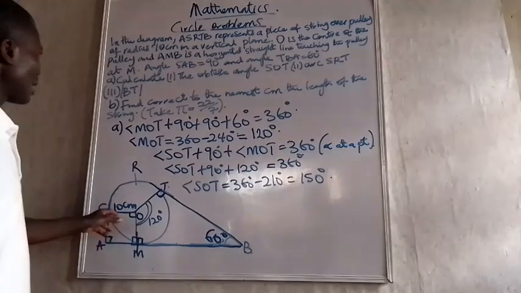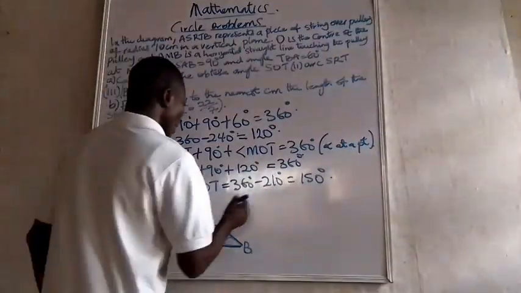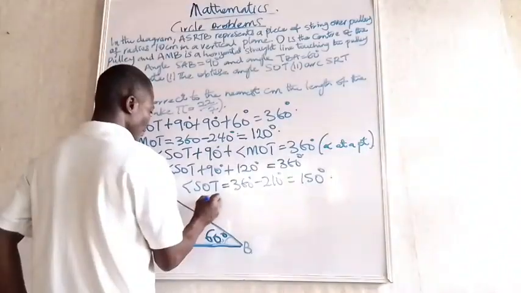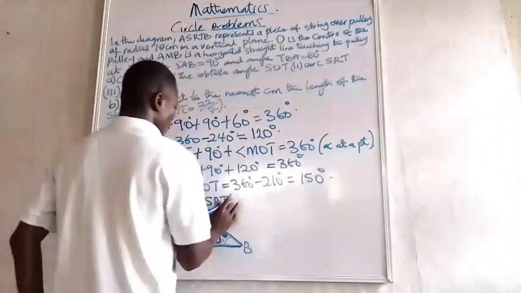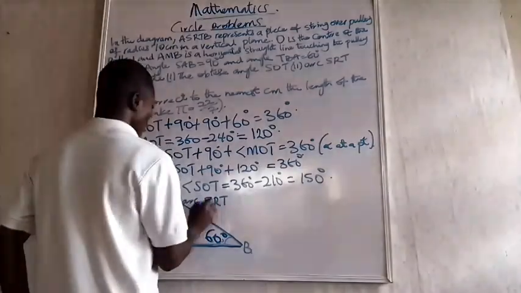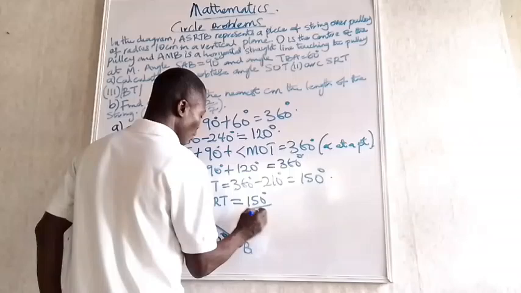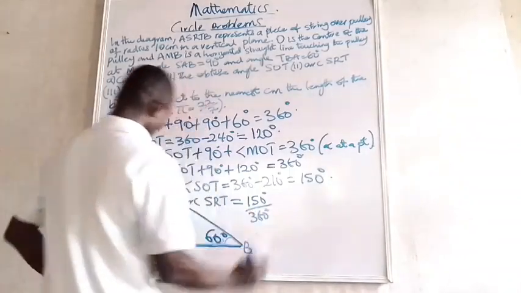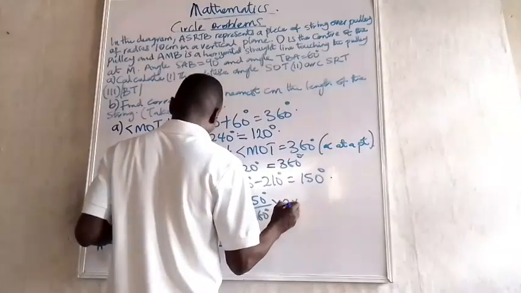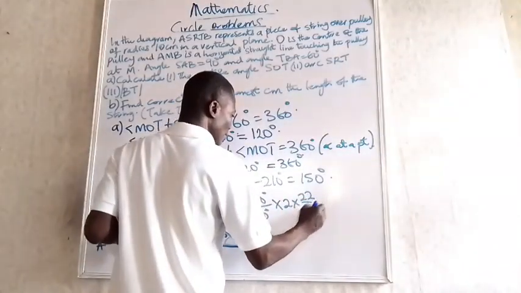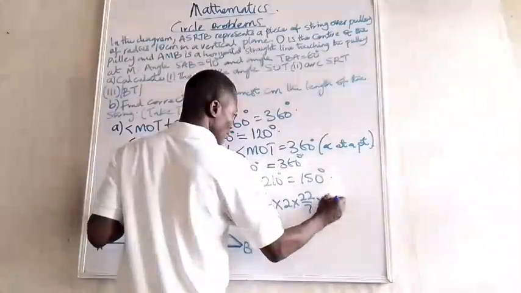Now we have to find arc SRT. That one is also easy. Arc SRT, that is the length of this place, is equal to this angle, 150 degrees over 360 degrees, and we know the radius to be 10, so times 2 times 22 over 7 times r.